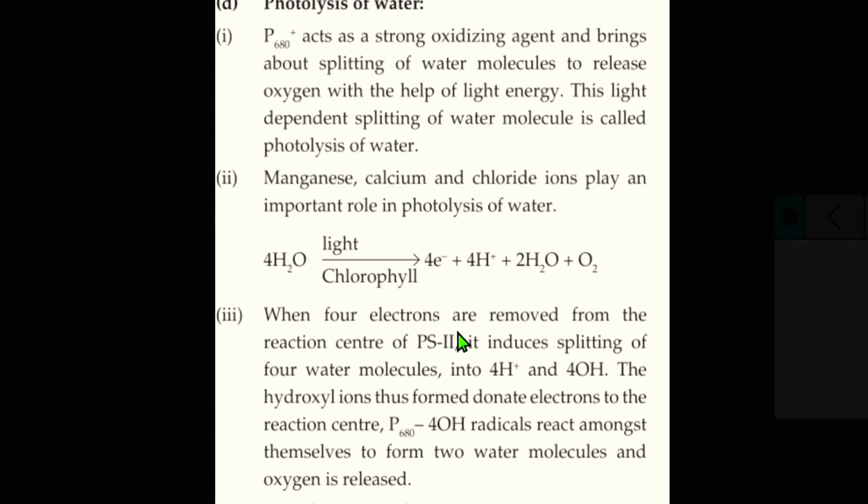When 4 electrons are removed from the reaction center of PS2, it induces splitting of 4 water molecules into 4 hydrogen atoms and 4 OH. The hydroxyl ions thus formed donate electrons to the reaction center P680, and the 4 OH radicals react among themselves to form 2 water molecules, and oxygen is released.